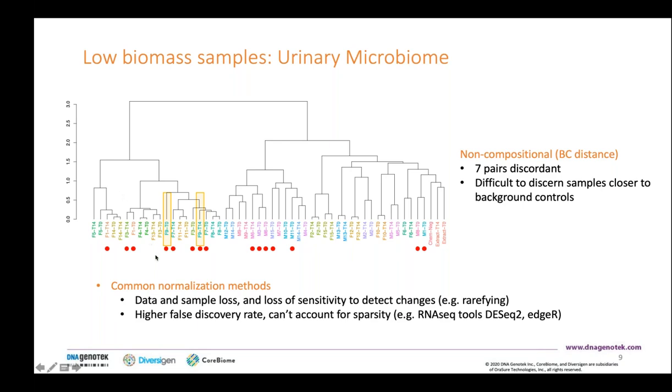In particular, I'll point out female 9 here, where the endpoint and the baseline do not co-cluster in this methodology. I'll also note that, importantly, the common normalization techniques that are often applied do not fix the problem. And even worse, they can lead to sample loss due to low read counts and higher false discovery rates for downstream analyses.